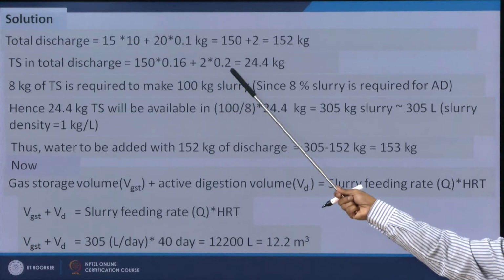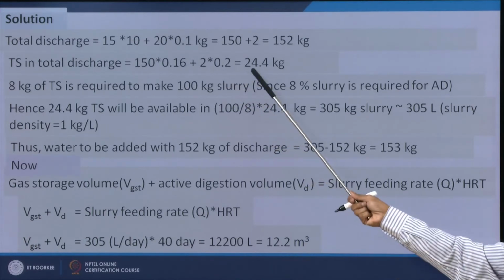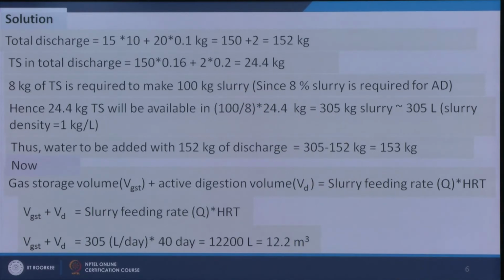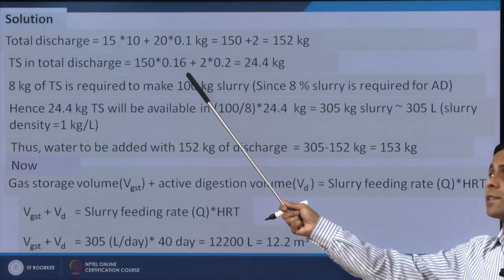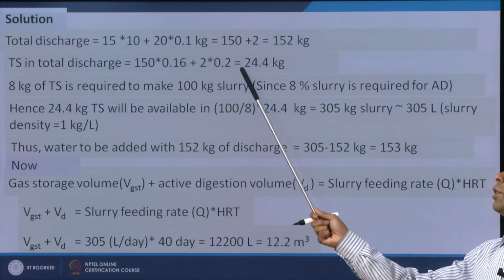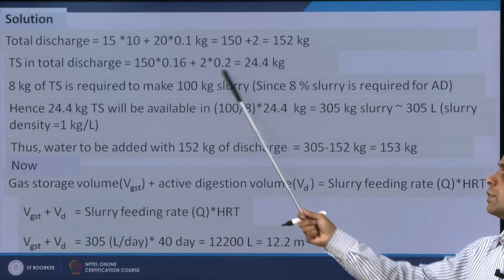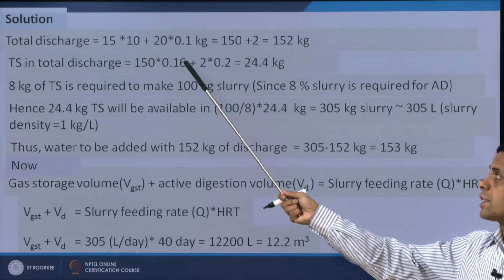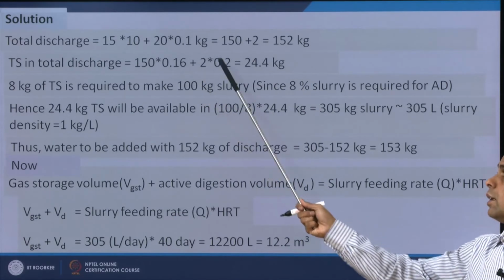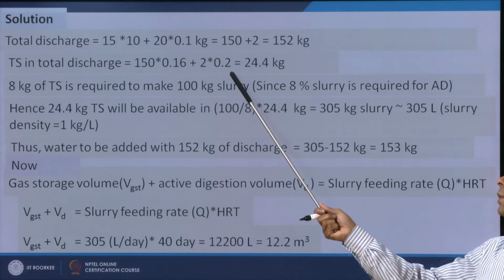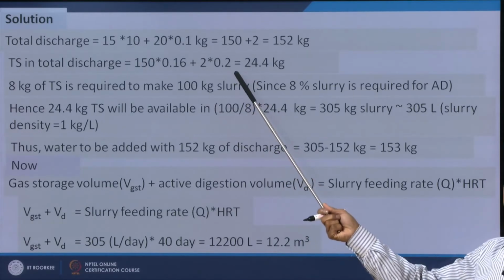So, 150 into 0.16 plus 2 into 0.2 is equal to 24.4 kg. So, 0.16 means 16% TS in the cow dung, and 0.2 means 20% TS in the chicken waste.